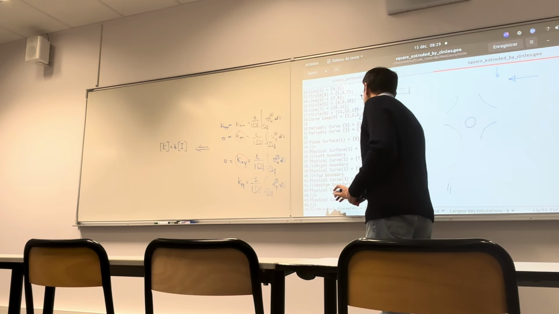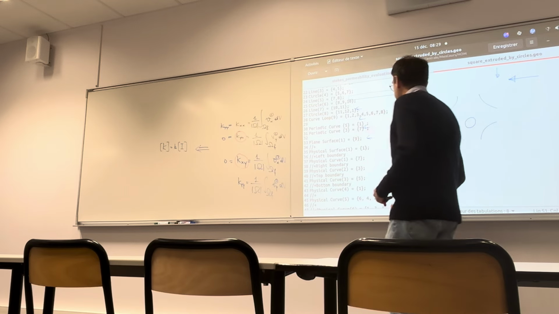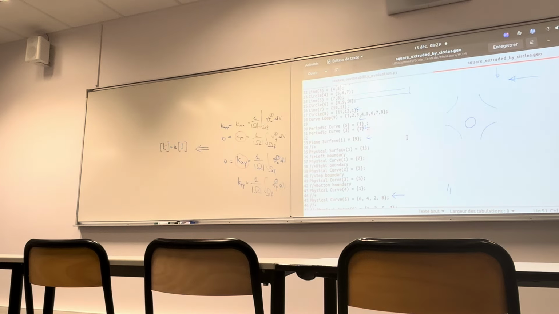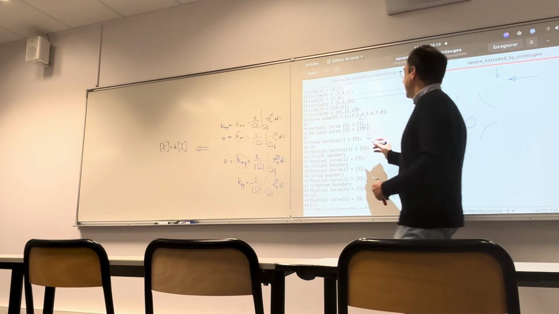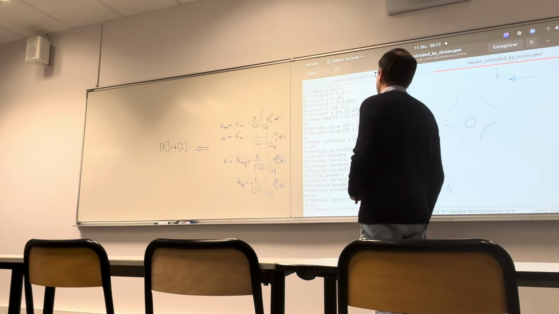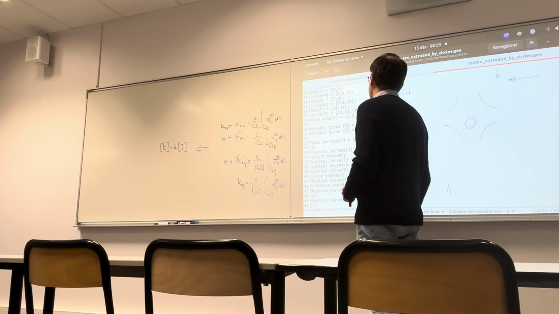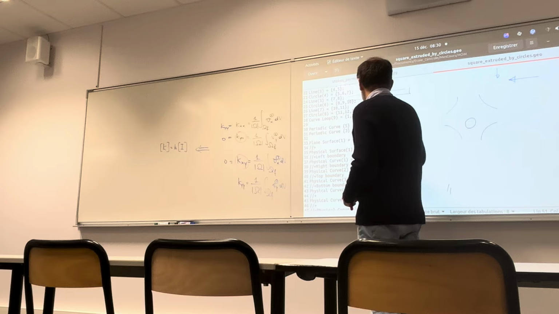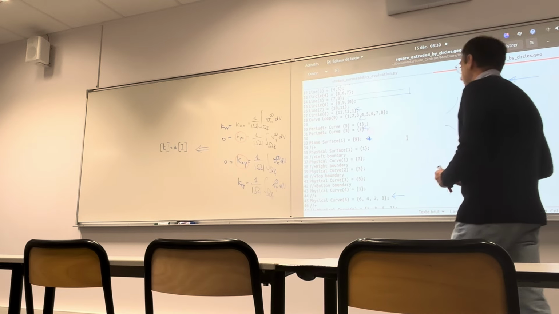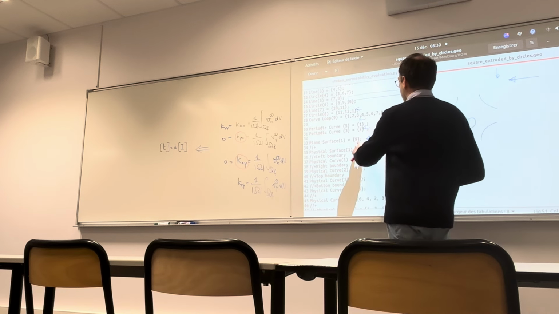So at this level you have to modify this definition of the physical curve 5, and as I was telling you, you have to modify at this level the plane surface 1, which is no more 9.